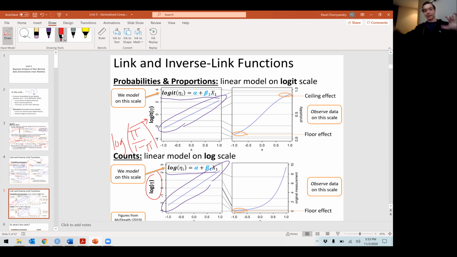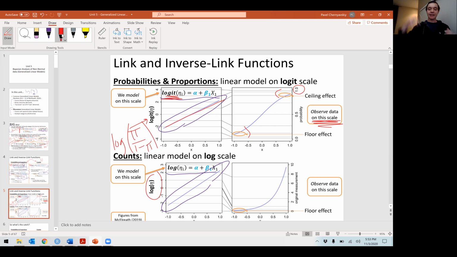So when we inverse link that, so when we transform it into the scale where we actually observe data, we can observe probabilities through taking relative frequencies, for example. We see that we are actually introducing ceiling effects and floor effects. So as our line continues progressing towards infinity, this logit function doesn't let us exceed 1.